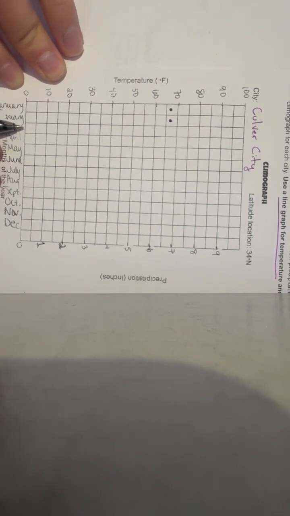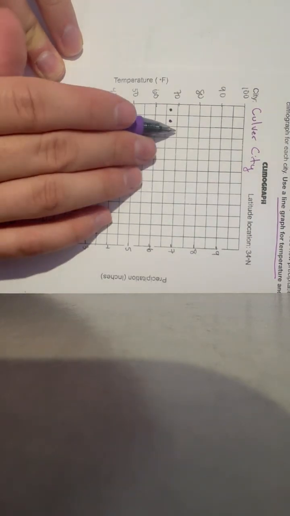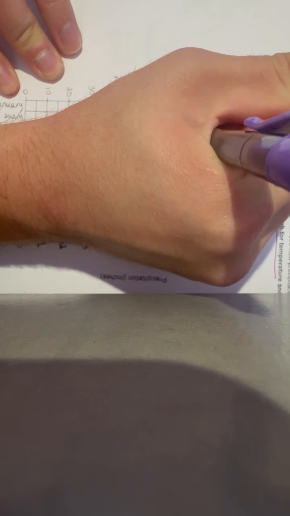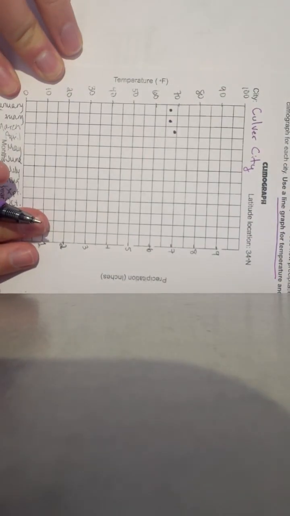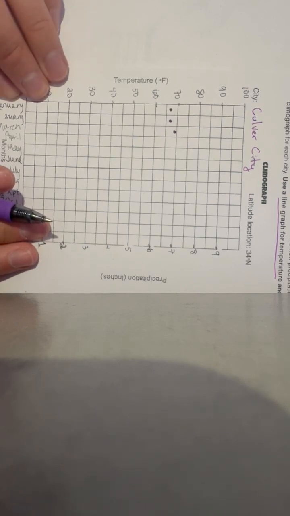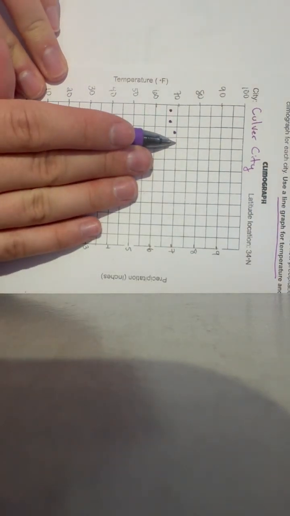So from March, I go up to 70, and right below 70 is 69, so I make a dot right about there. April. Who can tell me April? Sri. 72. So I go April up to 70, 71, 72. I make a dot right about there.